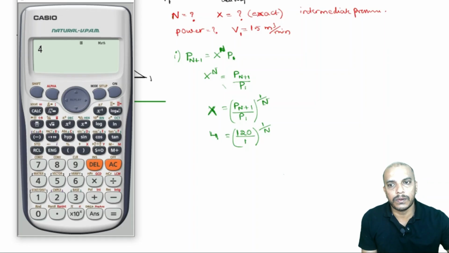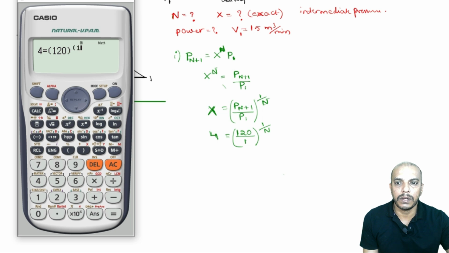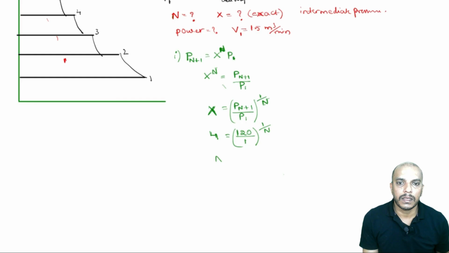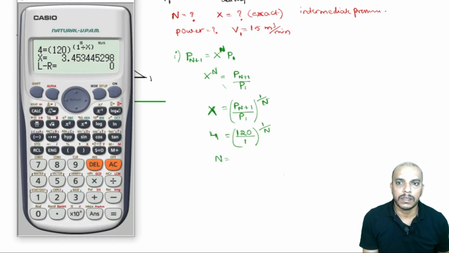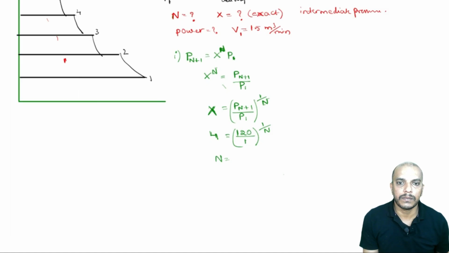So, 4 is equal to 120 by 1, which will be same, so 120 to the power 1 by n. Solving for n, we have number of stages as 3.45.